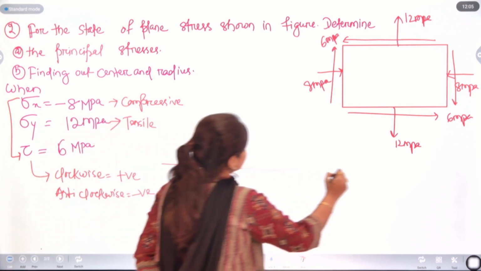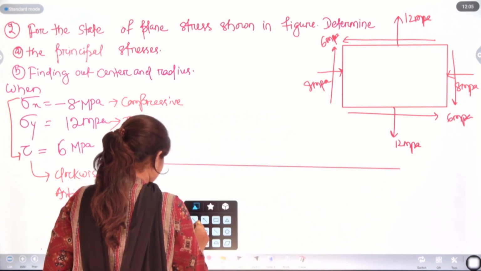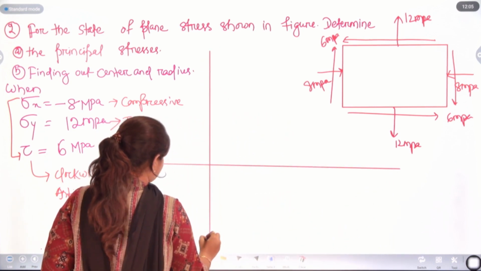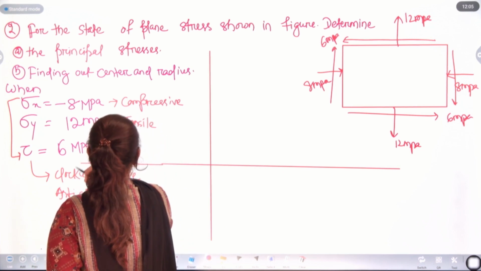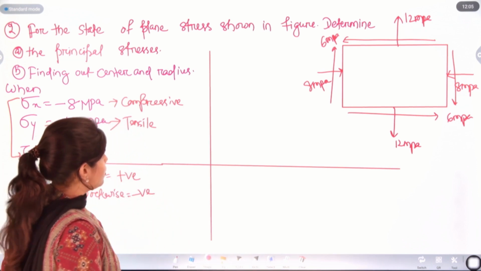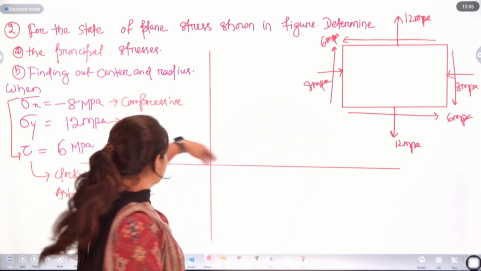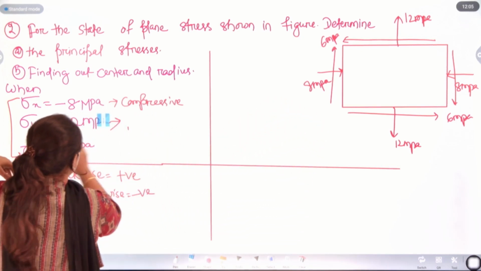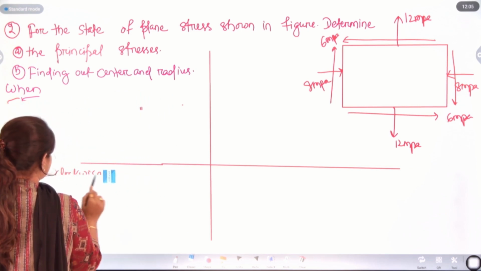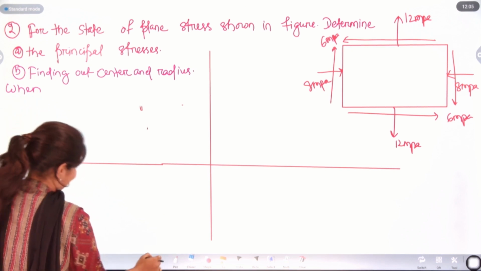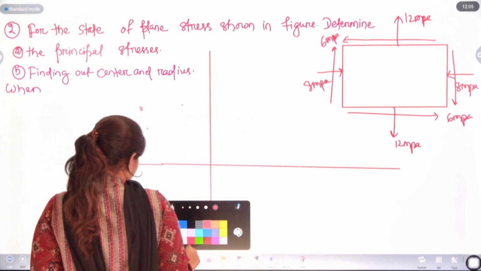First, as we have already drawn this diagram, let's erase it. Okay, so 8 megapascal in negative sign.